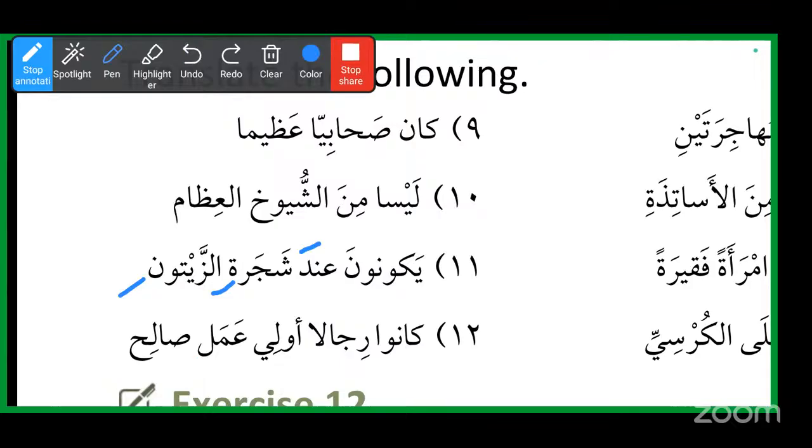They were men of good character, of righteous... having righteous akhlaq. Amal is job, good job. Having righteous actions.